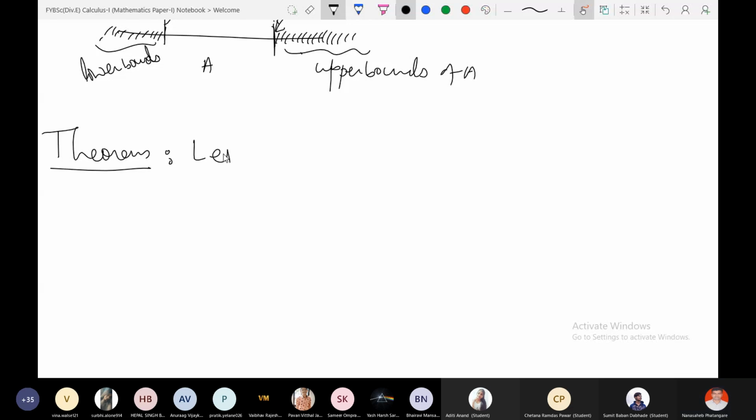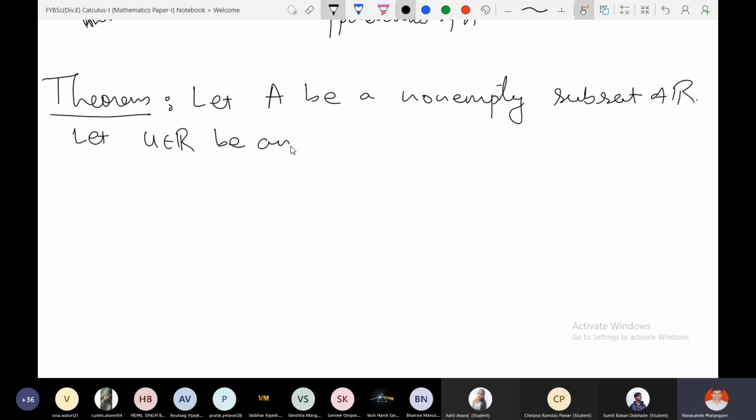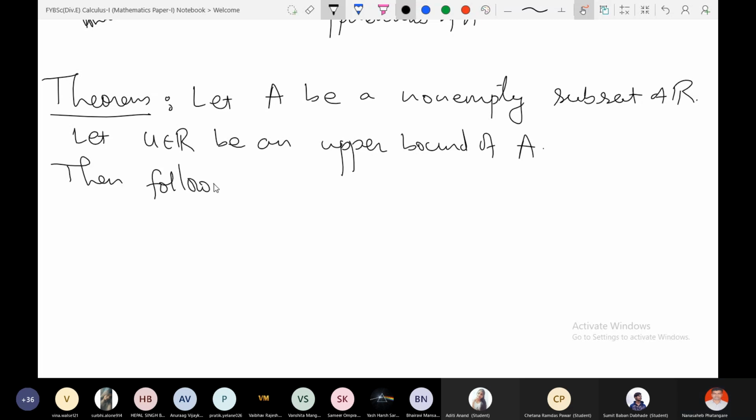So let A be a non-empty subset of R. Suppose A is a non-empty subset of R. Now let U belonging to R be an upper bound of A. Then the following are equivalent.